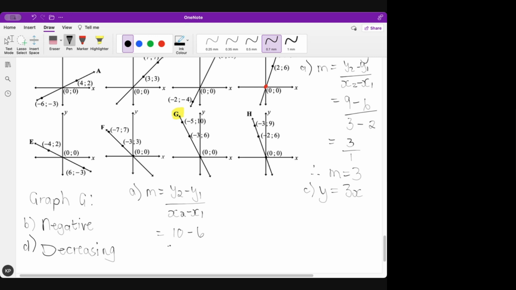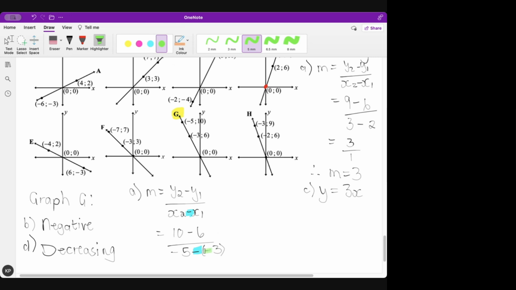Minus 6 over, that means my x2 has to be -5 minus my x1, which has to be -3. Just to clarify, remember, the first negative is because it's in the formula.